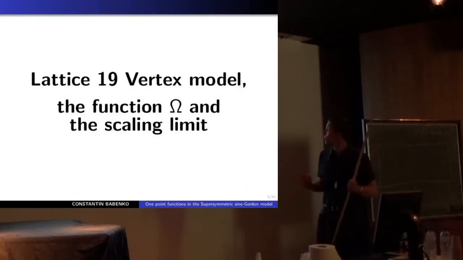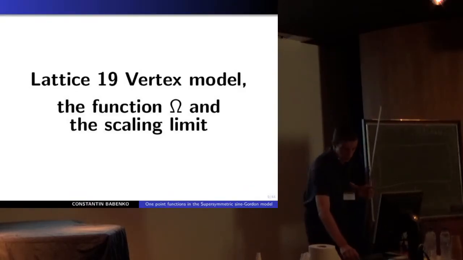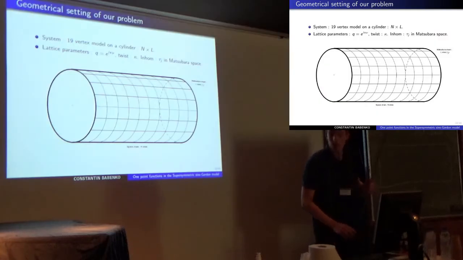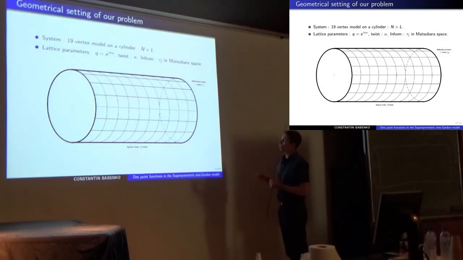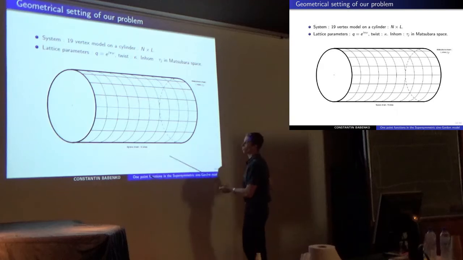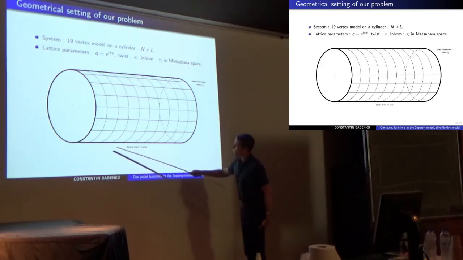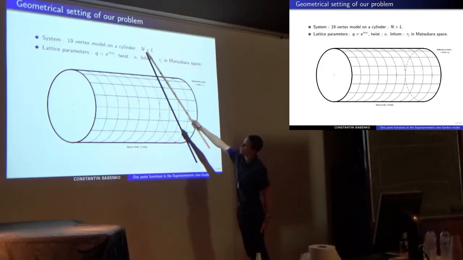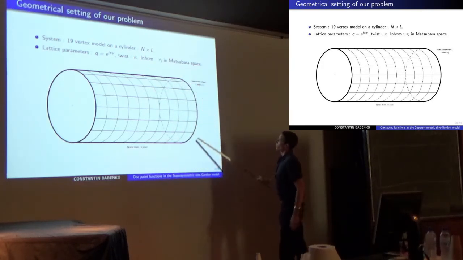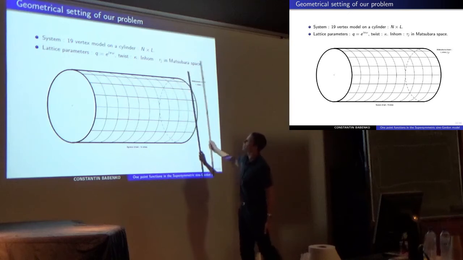That is about the lattice, the 19-vertex model, and the lattice scaling equations. As for the QFT, we consider a cylinder on which we wrap this 19-vertex model. Here are a couple of words of terminology. This will be called the space direction with n sides, and this is the Matsubara direction with L sides.